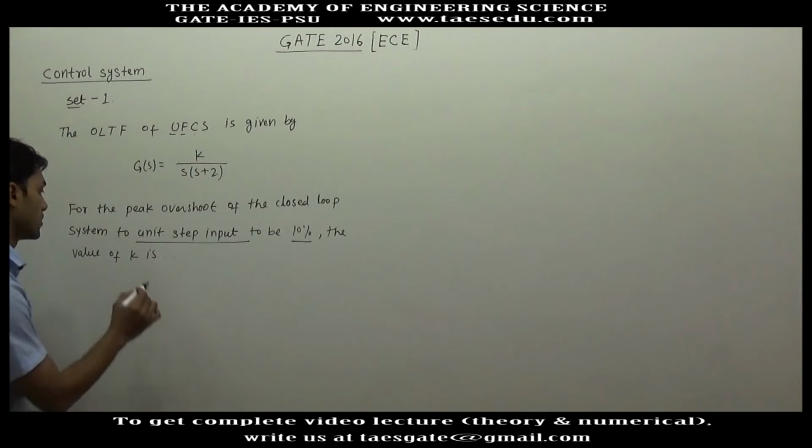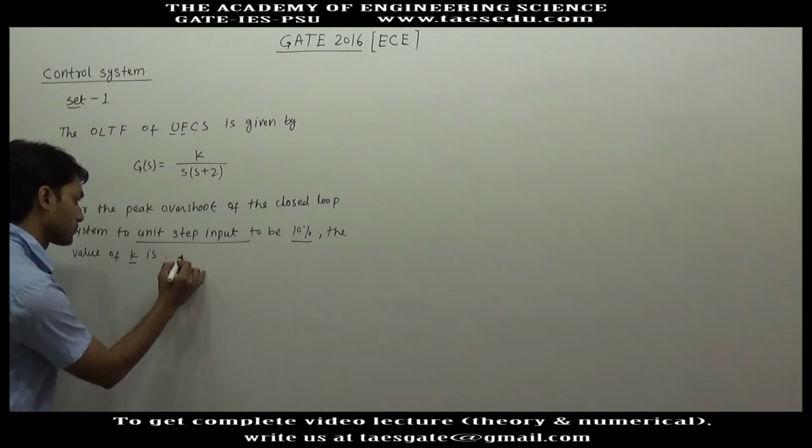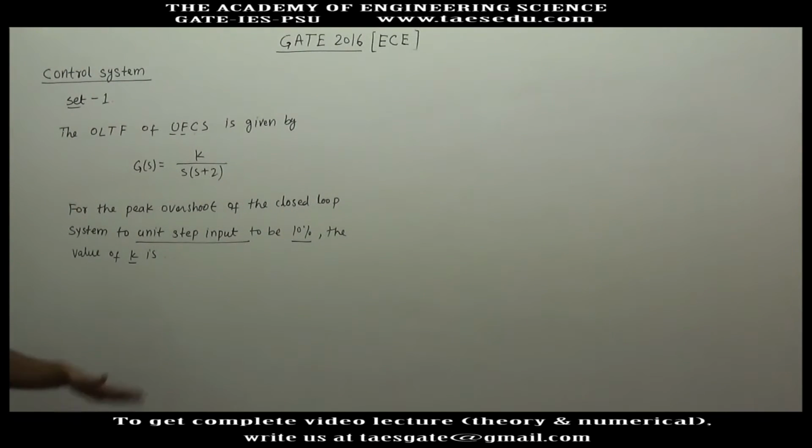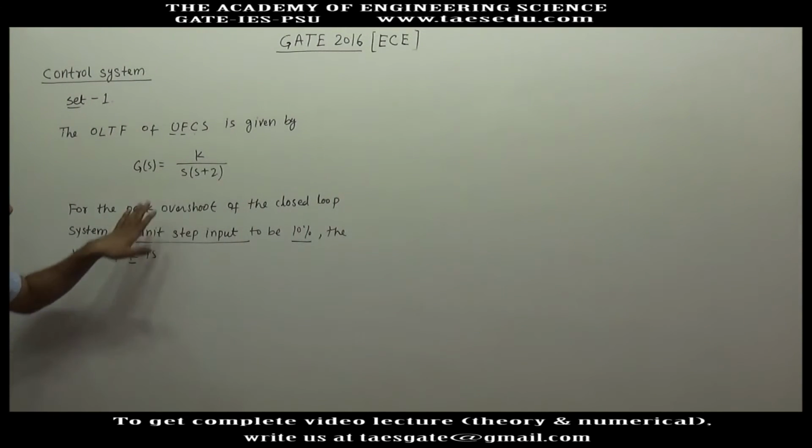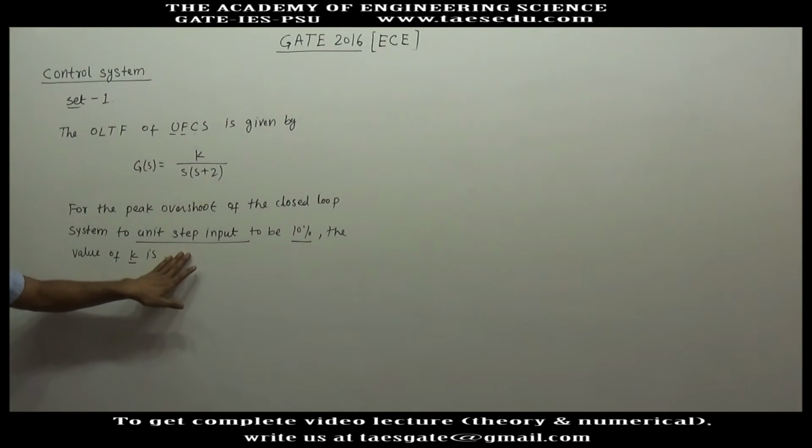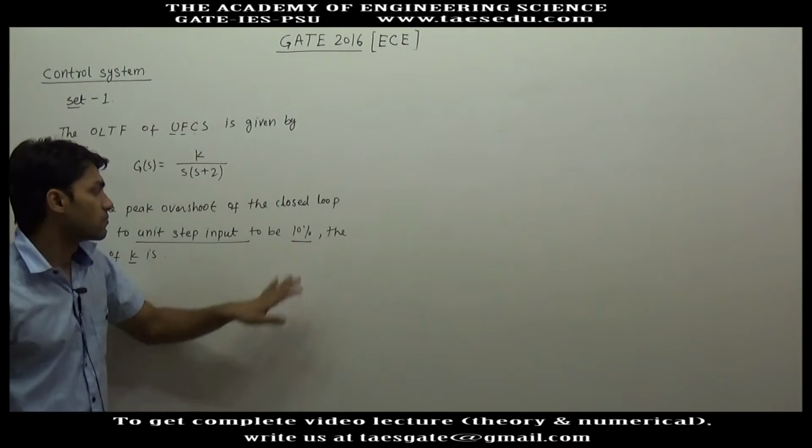We have to find the value of k such that the peak overshoot of this system for a unit step input is 10%.